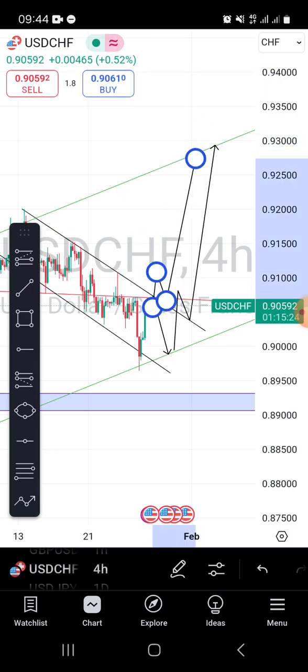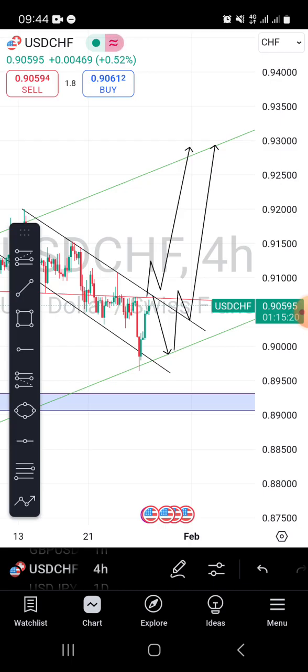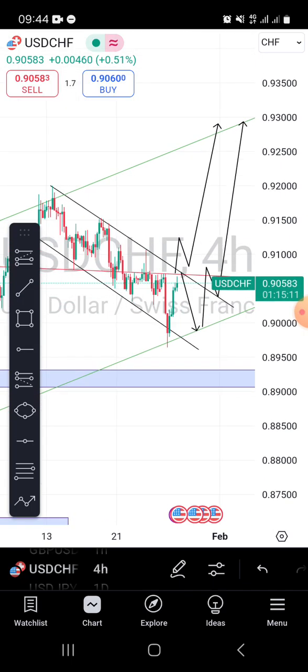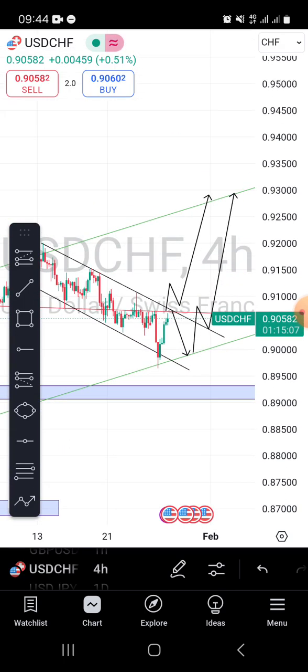However, if we experience a break to the upside from this point, then we wait for the retest and take our buy. So I believe that is very clear too on USDCHF.